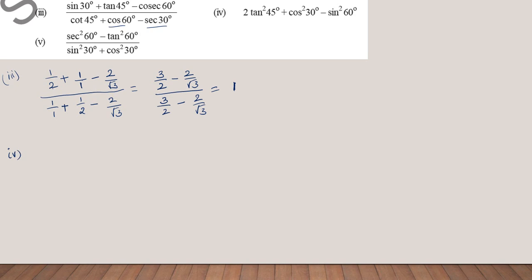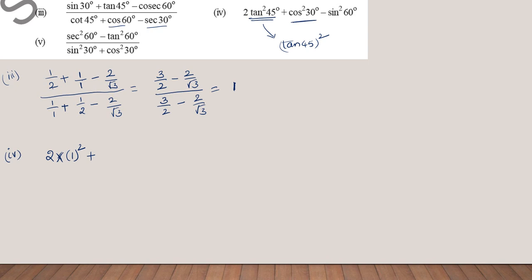Next, moving on to question number 4. If you observe question number 4, 2 into tan square 45. Tan square 45 simply means tan 45 degrees whole square. Now what is the value of tan 45? Tan 45 is 1. So 1 whole square plus, similarly, cos square 30 degrees means cos 30 degrees whole square. What is the value of cos 30?